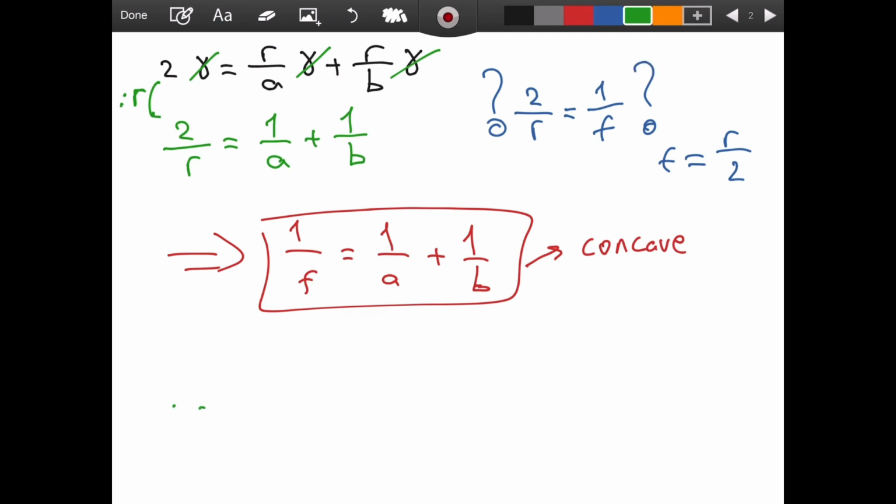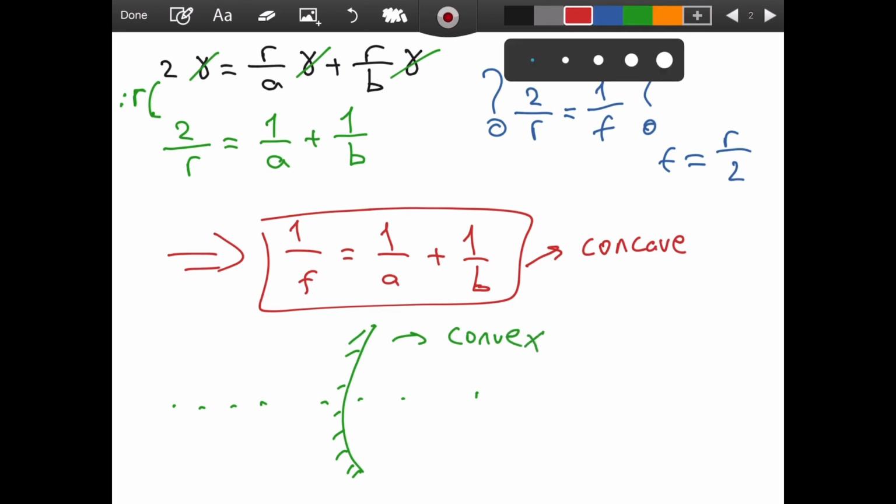If you have your principal axis and your mirror, this time this surface is reflecting, so this is a convex mirror. If you send a light like this, it will perhaps reflect in such a manner. Well, it never actually crosses the principal axis, so how can we find a value for A, you might be asking. And to find a value for A, we consider the imaginary extension of the coming ray.